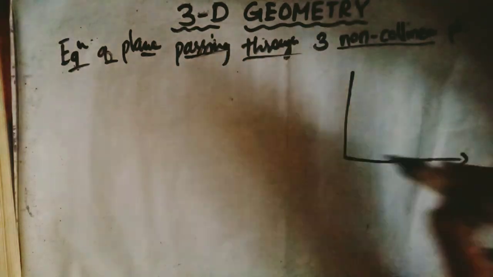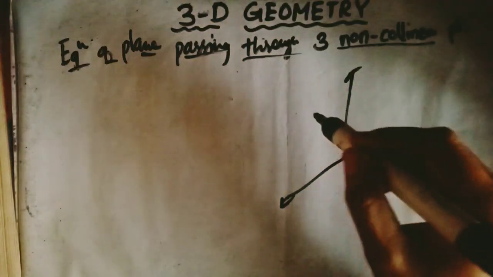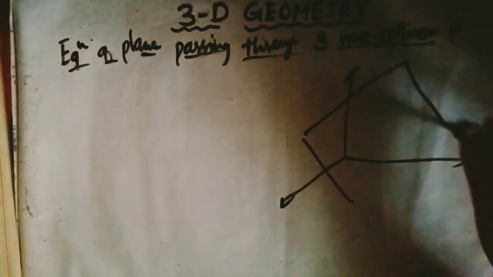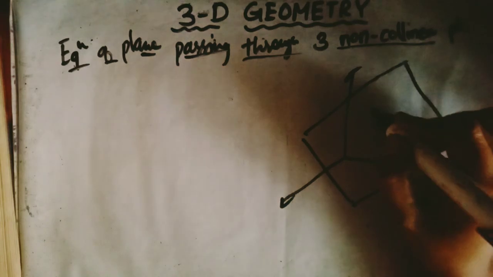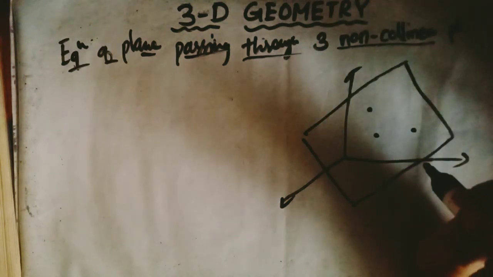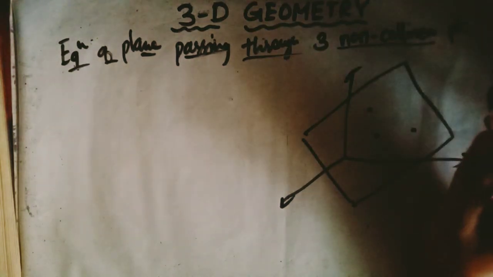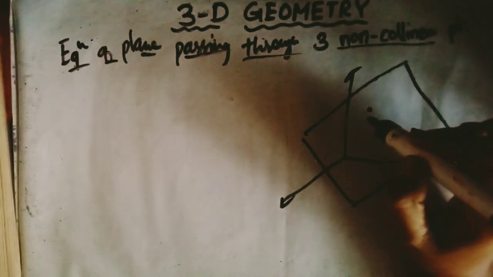So this is the plane given. And the 3 points are there, say R, S and T, which are not collinear.